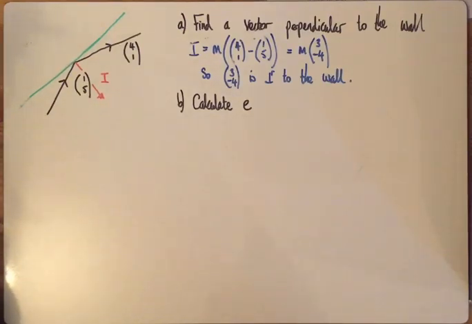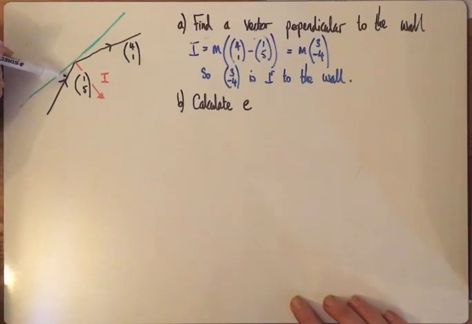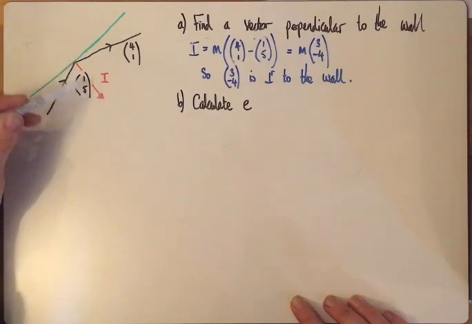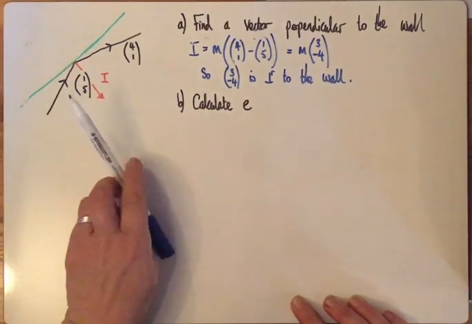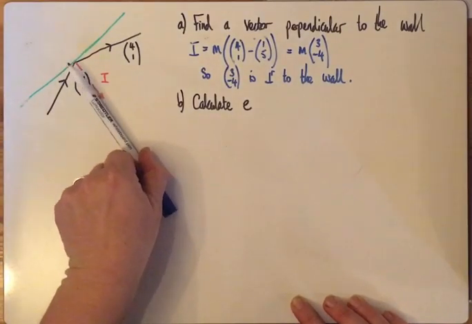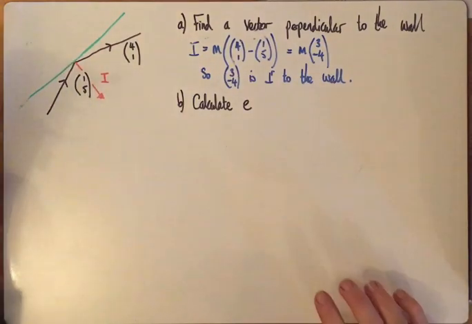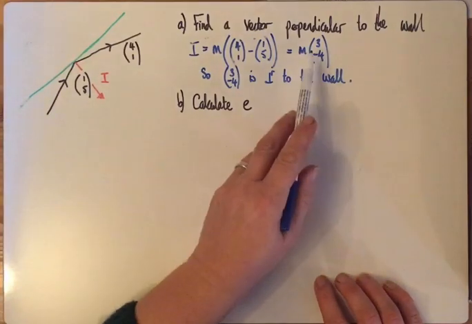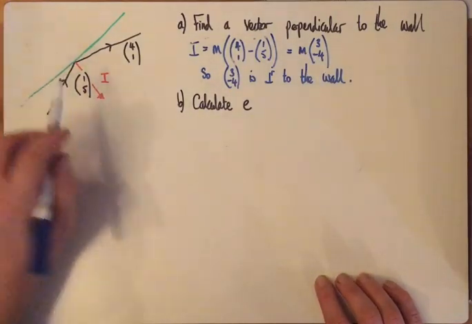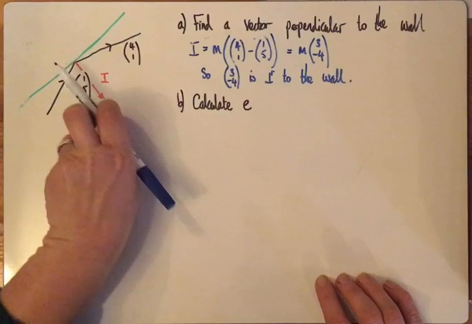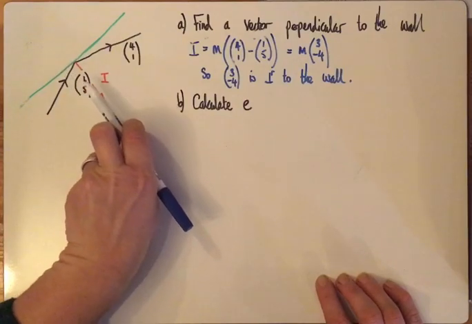Right, calculating e. So we're going to use the dot product. To find the magnitude of this velocity that is acting in this direction, I can dot product with a unit vector travelling in this direction. So the impulse is 3 minus 4. So a vector going this way is going to be minus 3, 4.